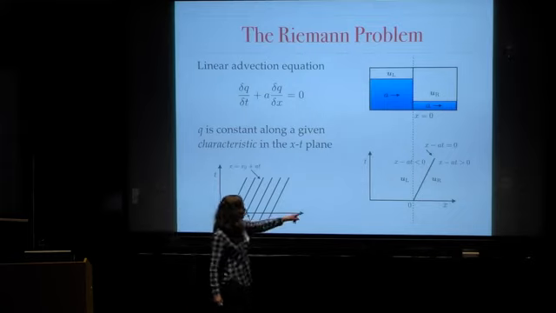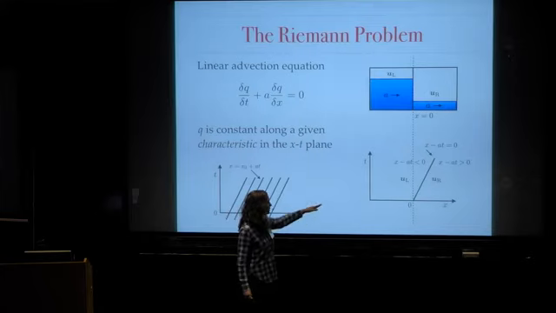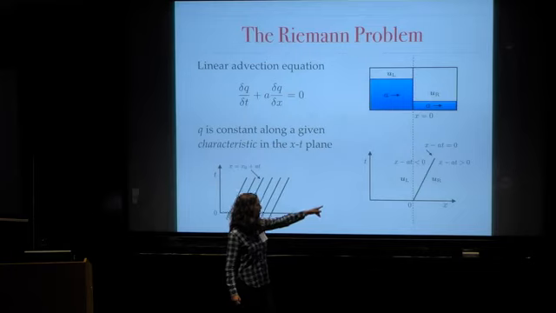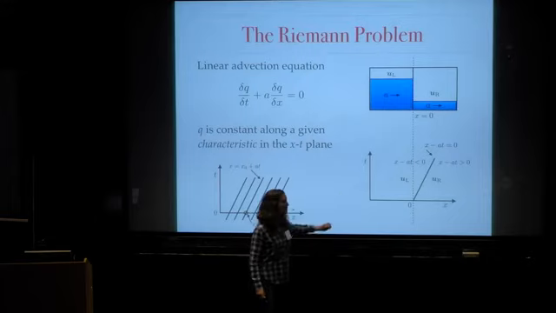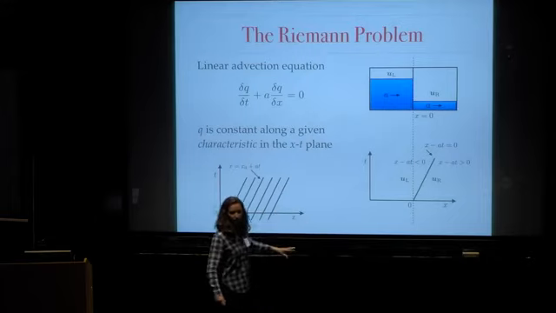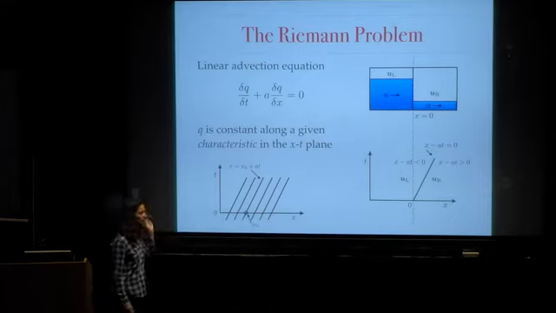In the context of the Riemann problem, as long as I know the speed of this characteristic, then in the xt plane I can always define where I have the left state variables and where I have the right state variables at any point later in time.